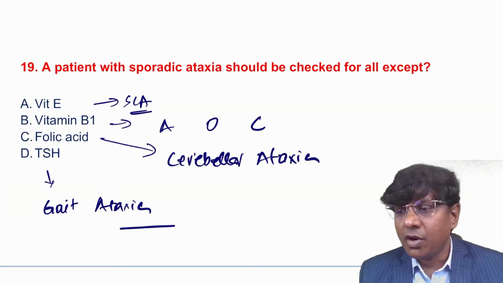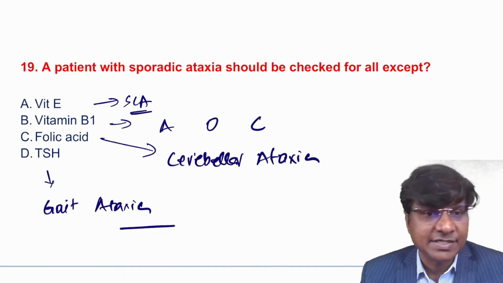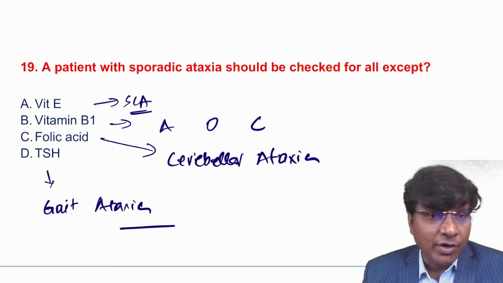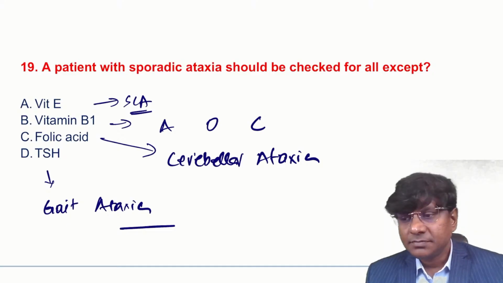So out of all these, vitamin E deficiency causing spinocerebellar ataxia is a rare form. Vitamin B1 deficiency causing ataxia in Wernicke's encephalopathy is slightly common. Folic acid deficiency causing cerebellar ataxia is uncommon. And hypothyroidism, a reversible cause for gait ataxia, is also uncommon.